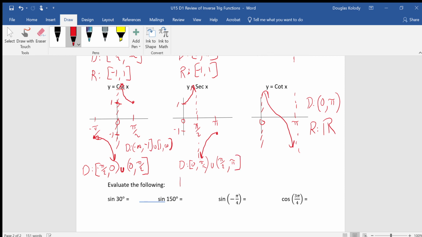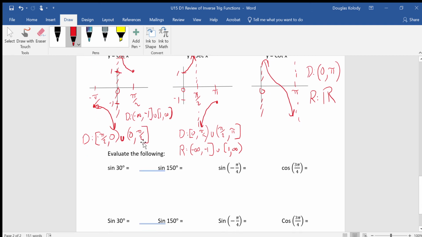And my range is identical to the range of cosecant. So I'm going from negative infinity to negative 1, or from positive 1 up to positive infinity. If at any point you feel a little confused, rewind this video, pause it, replay certain aspects of it until you feel like you've gotten it down.